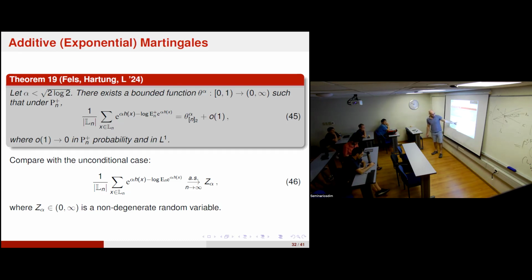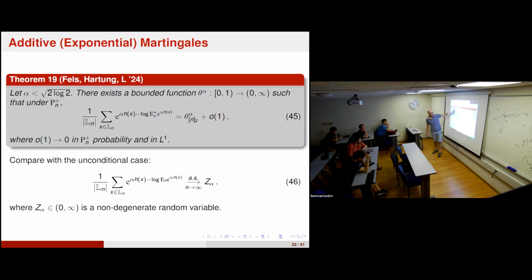So you go over all the leaves, you take the exponential of alpha times the value of the leaf, you divide by the mean, and then you average over all leaves. This gives you a martingale. It's a non-negative martingale, so it will converge to a limit, and you can even show that the limit is non-degenerate, and you call it Z alpha. So that's the unconstrained case.